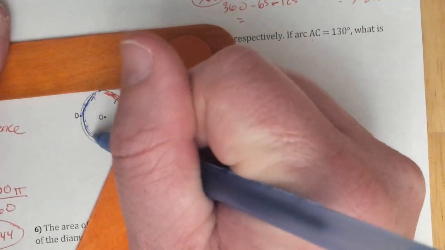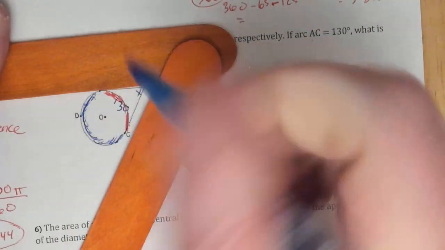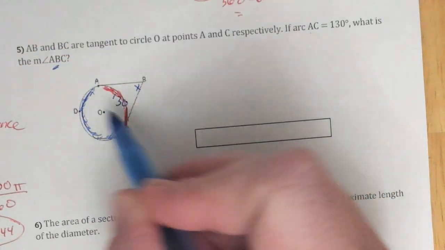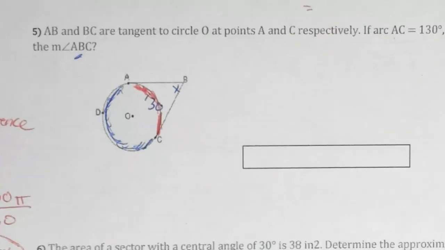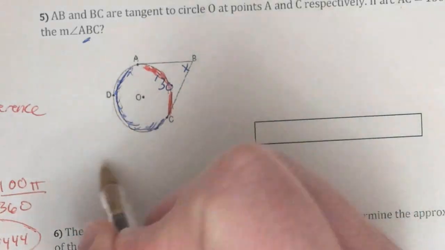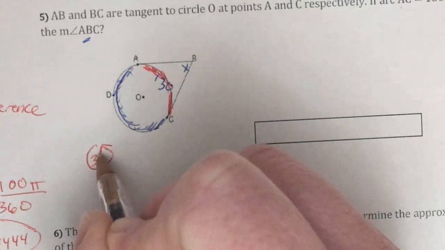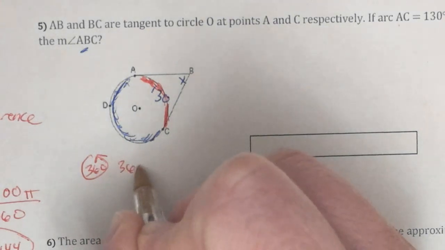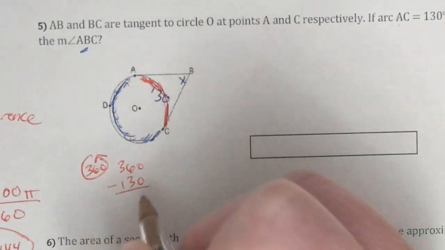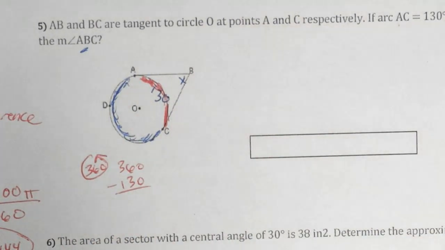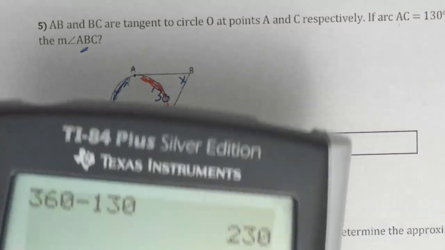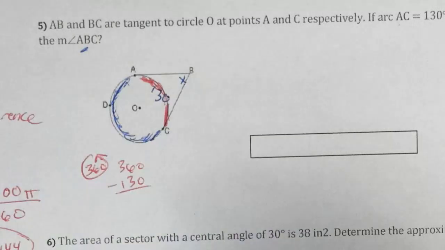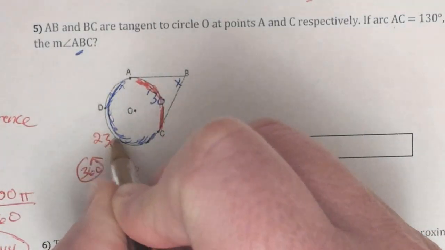So I need to have the red and I need to have the blue. So the red is 130, but the blue, I don't know what the blue is. But the good thing is I know that all the way around a circle is 360. So all I have to do is take 360, subtract that red one, and I'd be left with the blue. So if I put that in my calculator, 360 minus 130, I would pop out with 230. So this right here is 230.